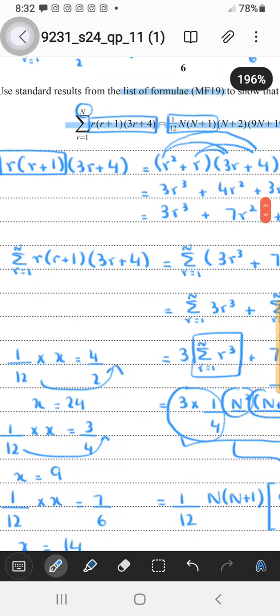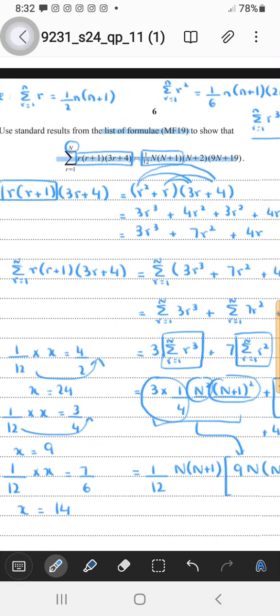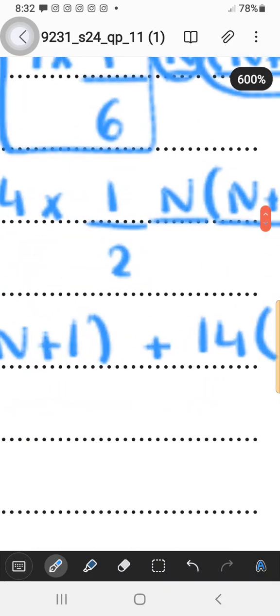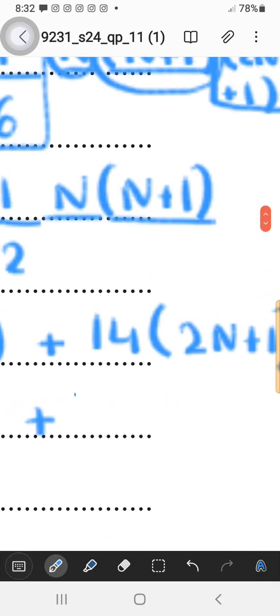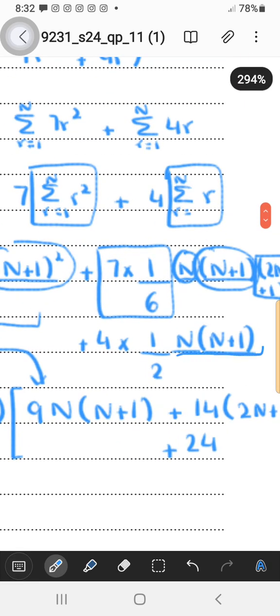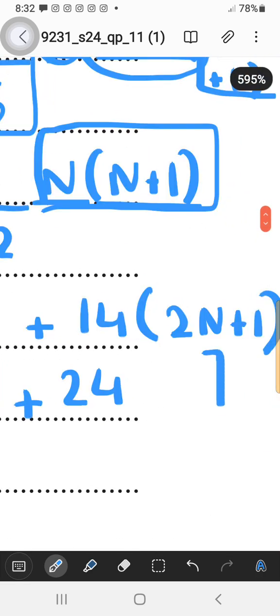If we multiply 1 upon 12 by 24, it becomes 2. And 4 upon 2 is also equal to 2. So we will write 24. And n plus 1 was there, which was taken common. So yeah, here our bracket gets closed.